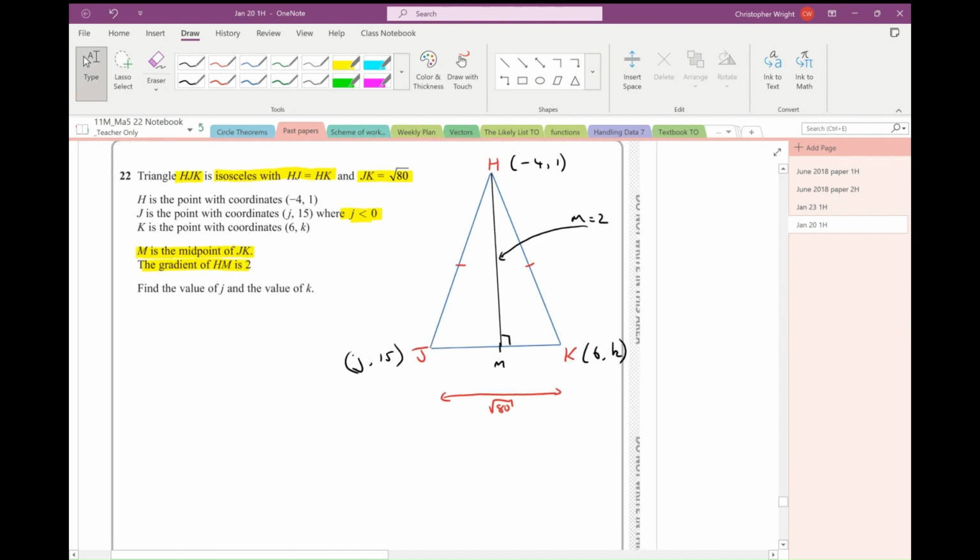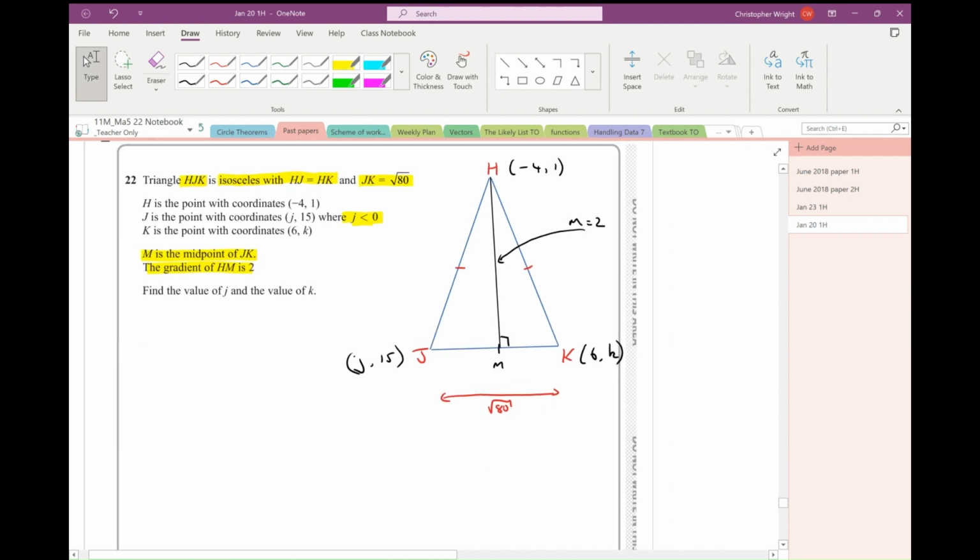Find the value of j and k. Right, I'm going to need to set up some equations, I think. Now, the first thing that occurs to me is that if the gradient of HM is 2, then the gradient of the base here, well, that's perpendicular to the height, isn't it? So if the gradient of HM is 2, then the gradient of JK is minus a half, the negative reciprocal of 2.